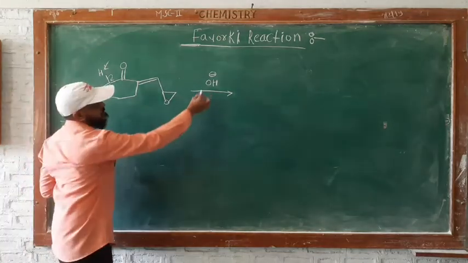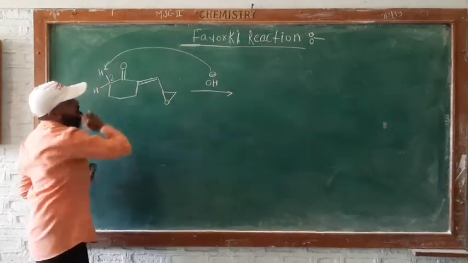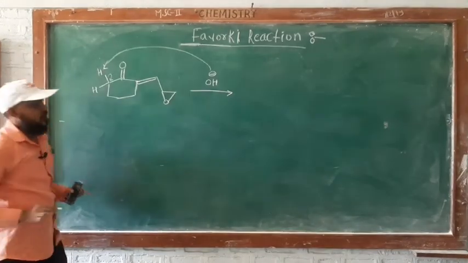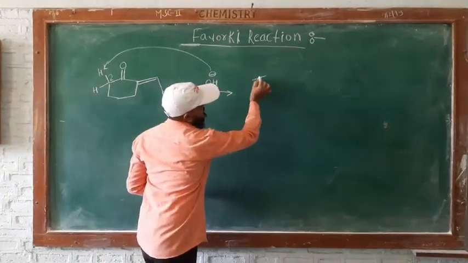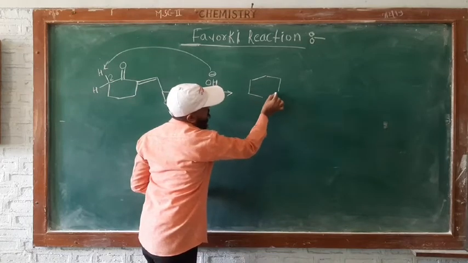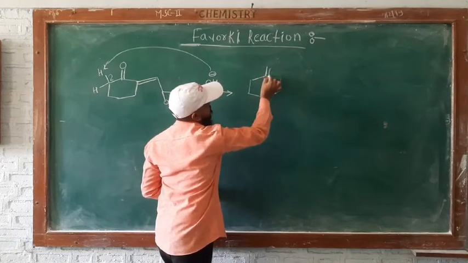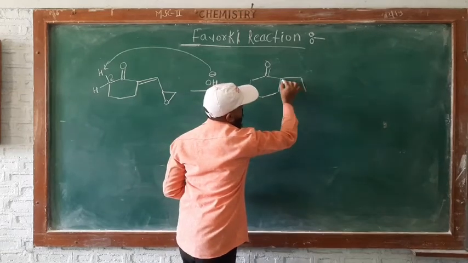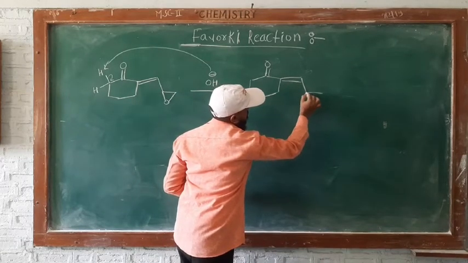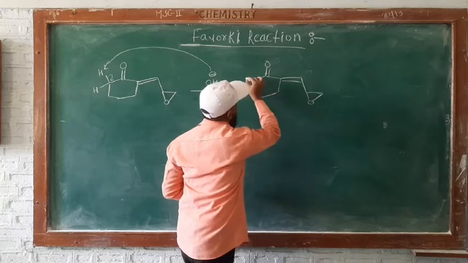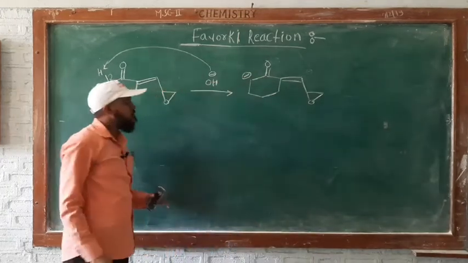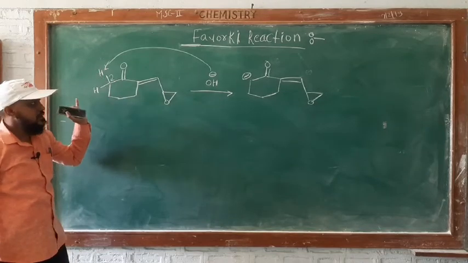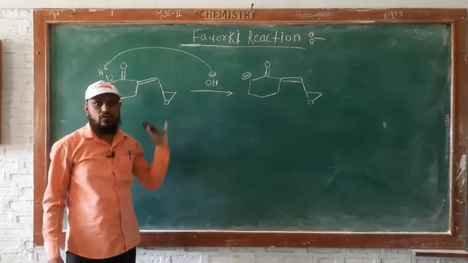Okay, so in the first step the hydroxyl ion extracts this acidic proton to form this type of intermediate product. Here negative charge develops on this carbon atom because deprotonation takes place in the presence of the base, hydroxyl ion.